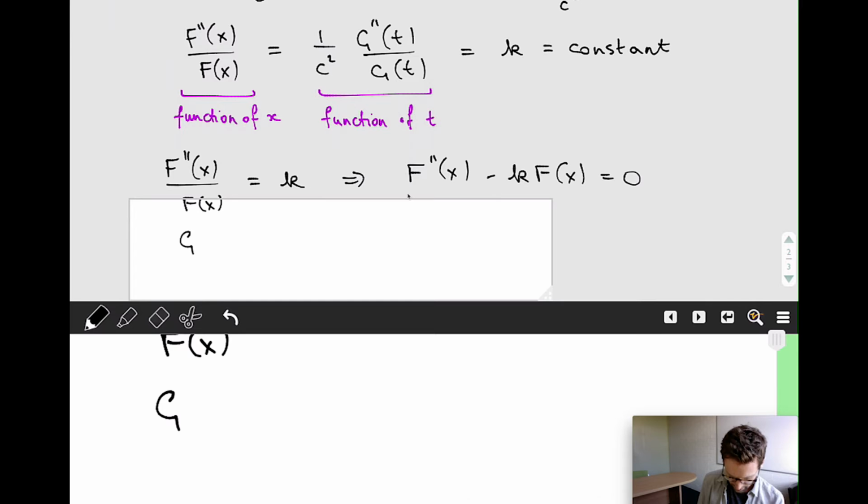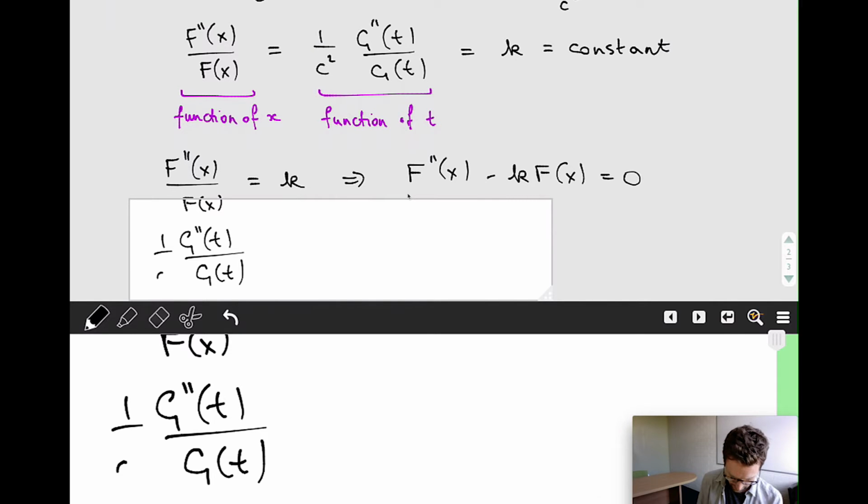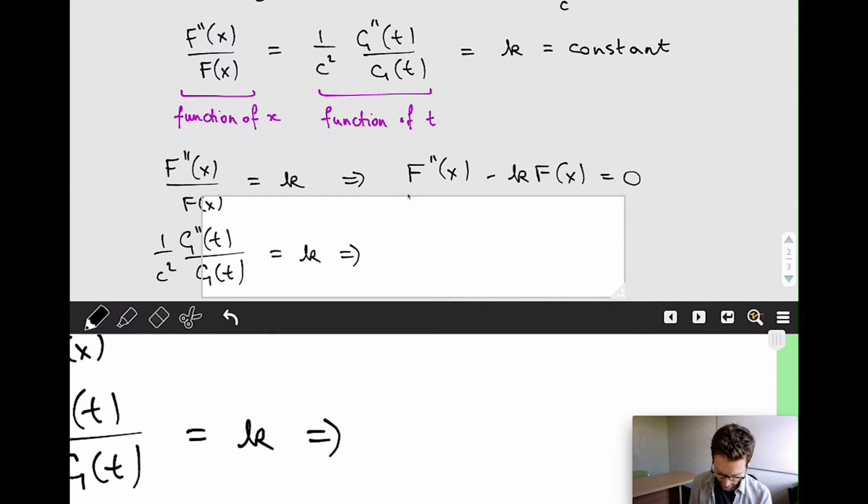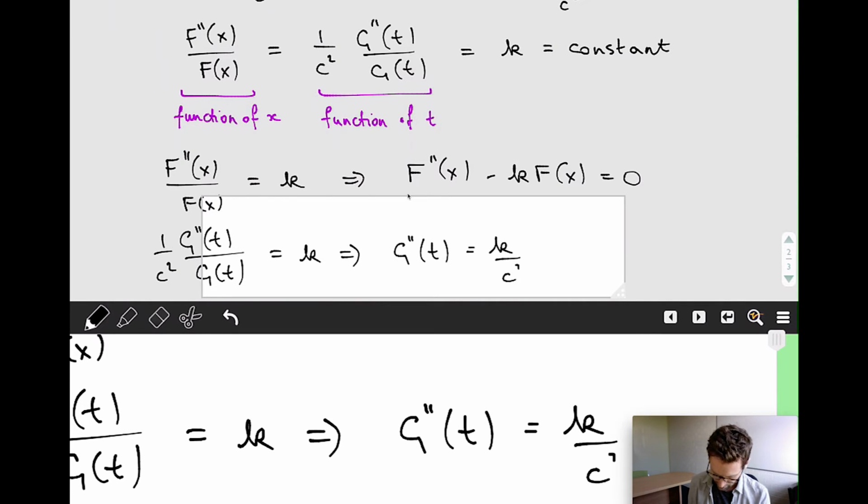And I've got g double prime of t over g of t, let's not forget that factor of c squared, is also equal to k, the same k. So I can rewrite this equation as g double prime of t is equal to k c squared times g of t.